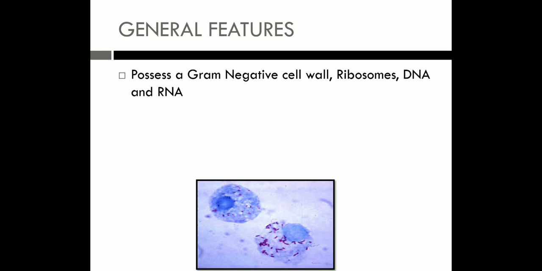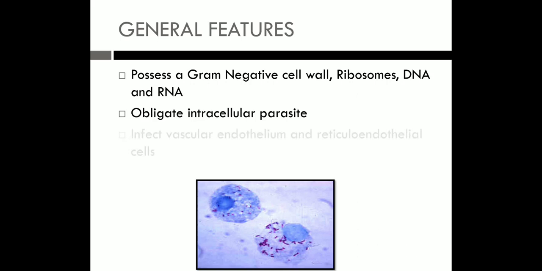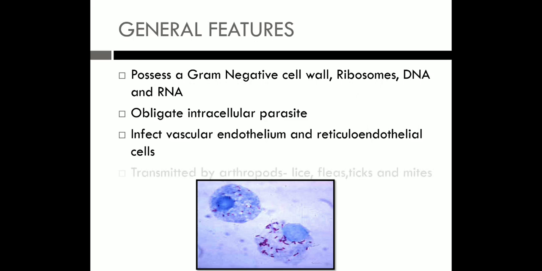These features actually differentiate this organism from the viruses, which they were once thought to be. They are primarily obligate intracellular parasites infecting vascular endothelium and reticuloendothelial cells, and they are transmitted by the arthropod vectors, that is lice, fleas, ticks and mites.